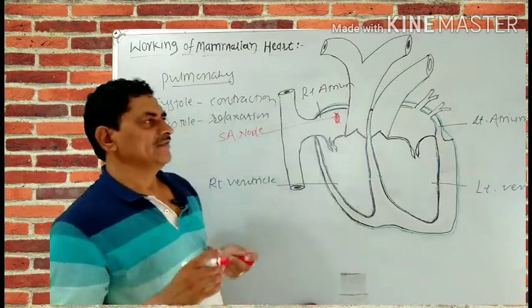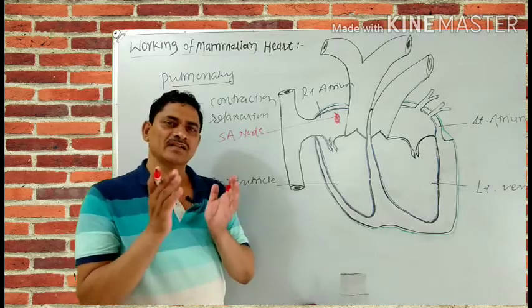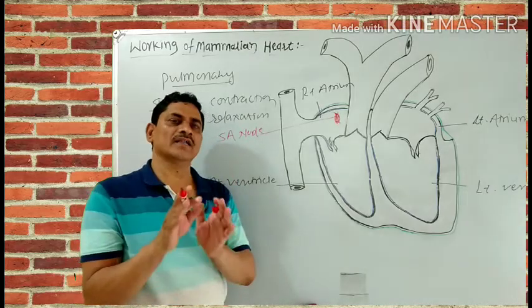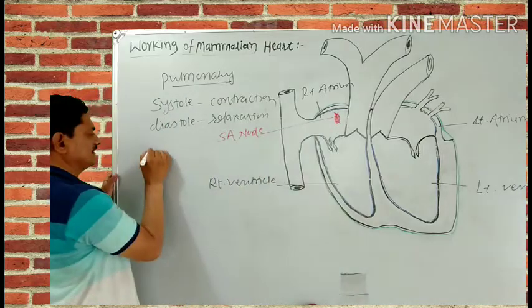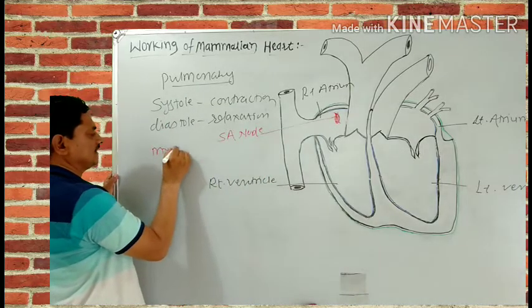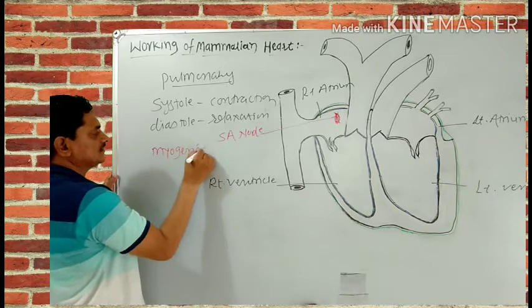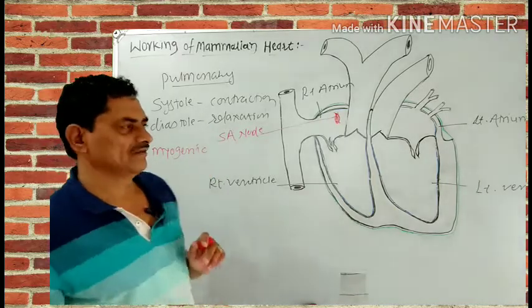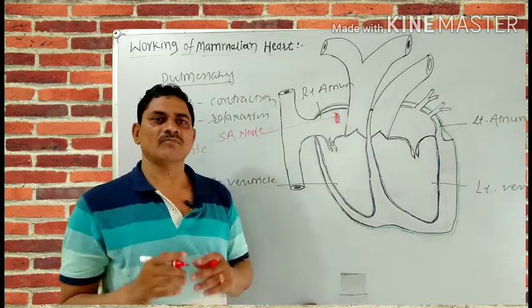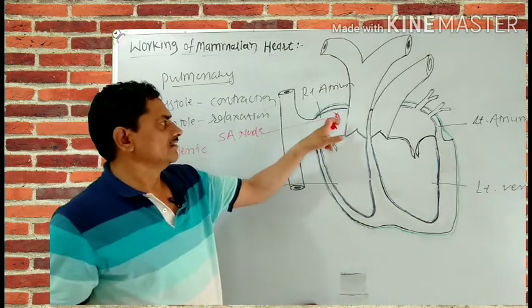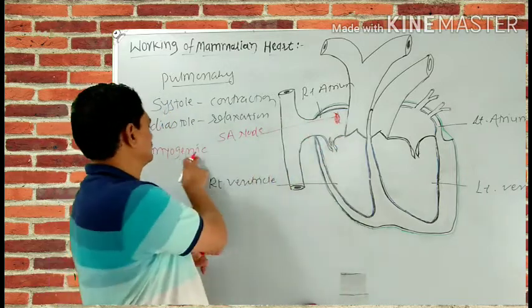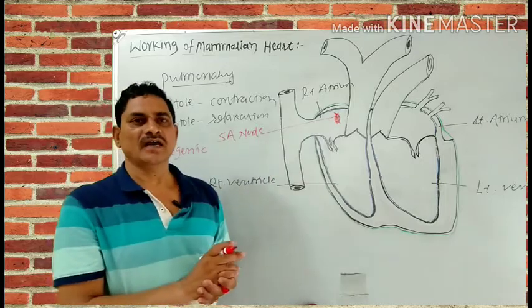Where the initiation and the regulation of heartbeat occur in the heart itself, such a heart is called a myogenic heart. This means the initiation of the contraction wave and regulation of heartbeats occur in the heart.